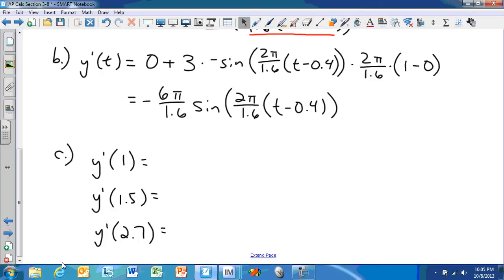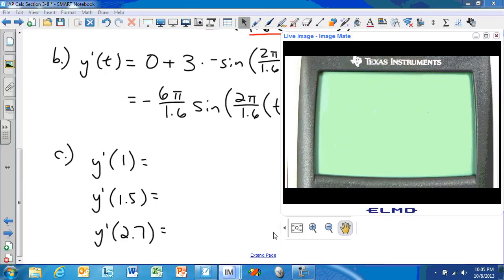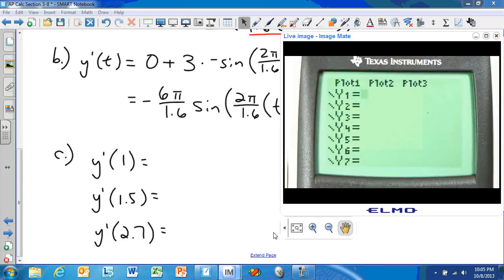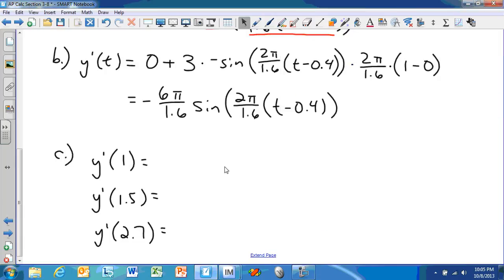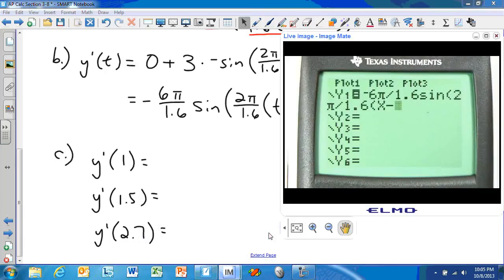Let's take our calculator and plug into y1 the derivative function we came up with: negative 6 pi over 1.6 times the sine of 2 pi over 1.6 times x minus 0.4. So there's our derivative function in y1.